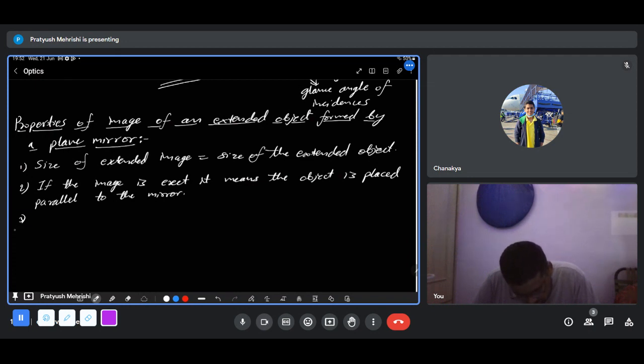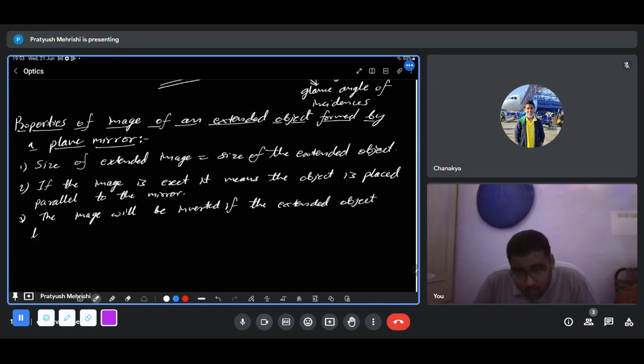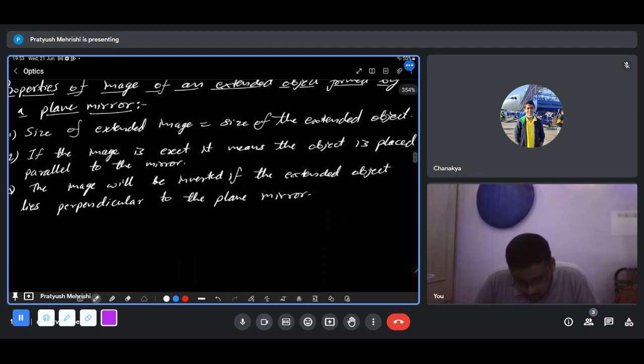Third, the image will be inverted if the extended object lies perpendicular to the plane mirror.